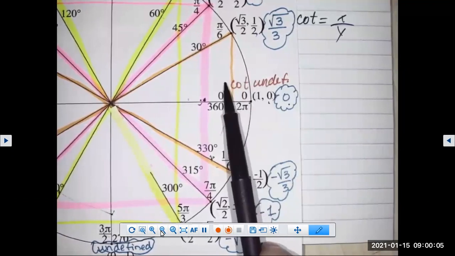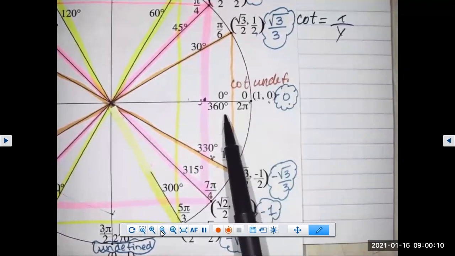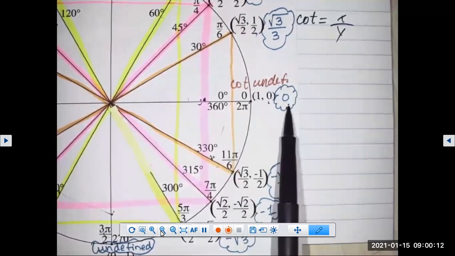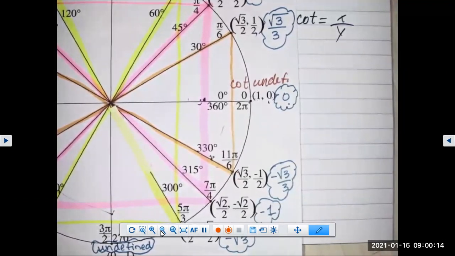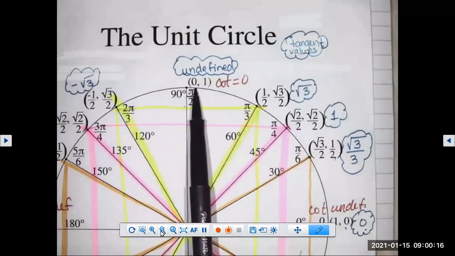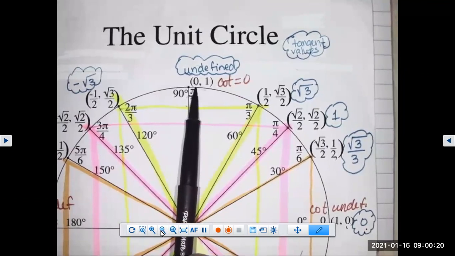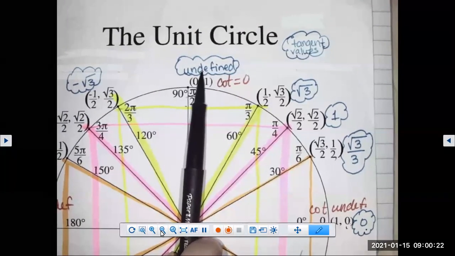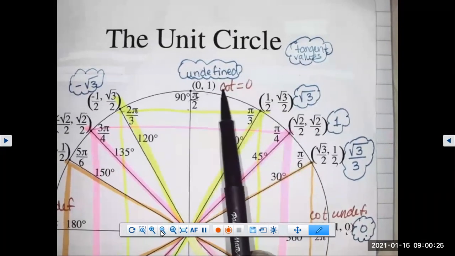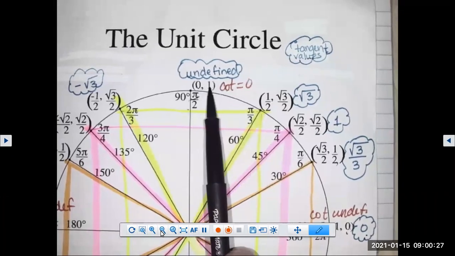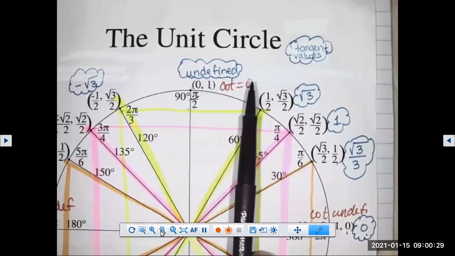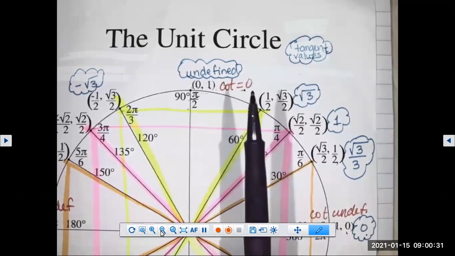So cotangent of 0 degrees or 2 pi would be undefined, but the tangent value is 0. Same thing at the top and the bottom. Tangent is y over x, so that's undefined. But if you reverse it and find cotangent, you're setting x over y, 0 divided by 1 will give you 0. Okay, does that make sense?